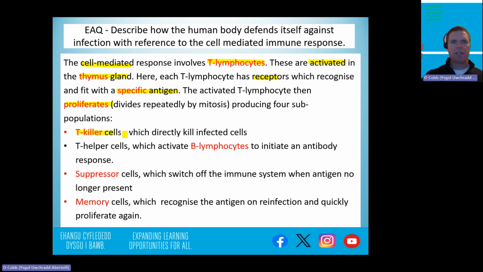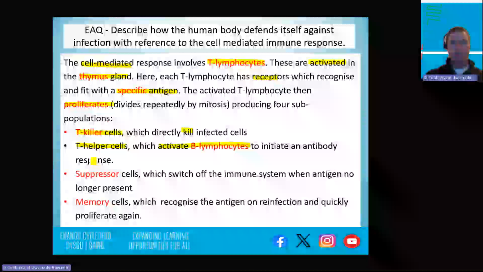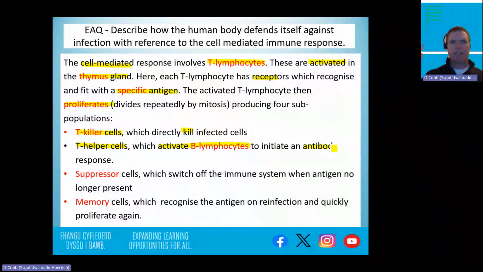So the T killer cells, and what they do, well, perhaps rather obviously they kill. The T helper cells are linked to activating the B lymphocytes, and they initiate the antibody response. Suppressor cells switch off the immune system, and memory cells, and the idea that they quickly proliferate in the future.